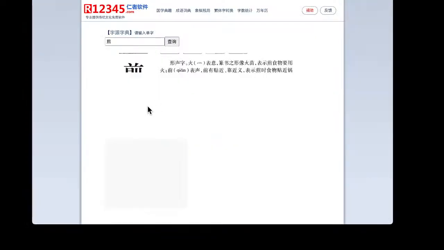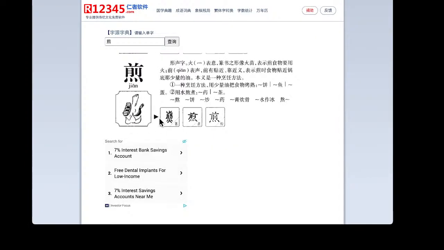Now let's take a look at the character itself again. So 4 dots underneath, right? In the very original form, you can see the bottom is actually a fire radical, but later on they simplified it to use 4 dots. And on the top is the character called 前. 前 has a meaning of going forward, getting near.